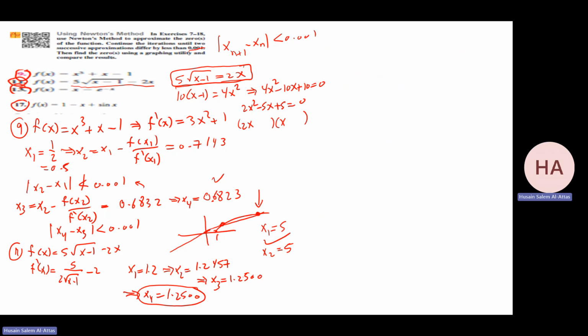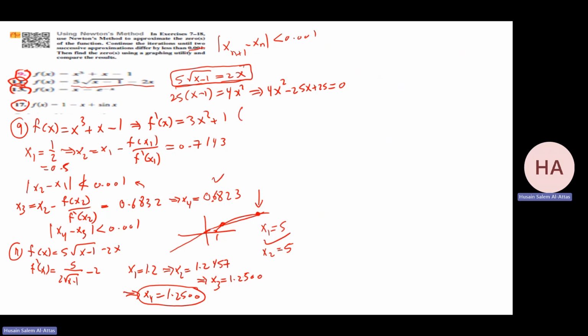How does it come? I don't know what I'm doing. This is not 10. 25x minus 25 equal 4x squared. So 4x squared minus 25x plus 25 equals 0, which I can simplify.